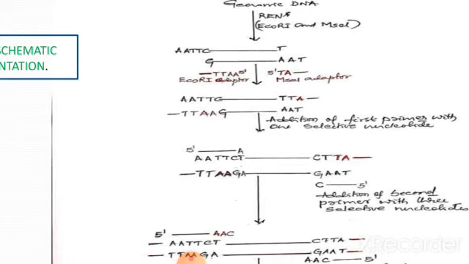Adapters can be designed for different restriction endonucleases, and accordingly you can use whichever adapter you want for your experiment. Okay. So to run the PCR, before running, you have to modify the cut ends, for which you have to ligate the DNA fragments with EcoR1 and MseI adapters.